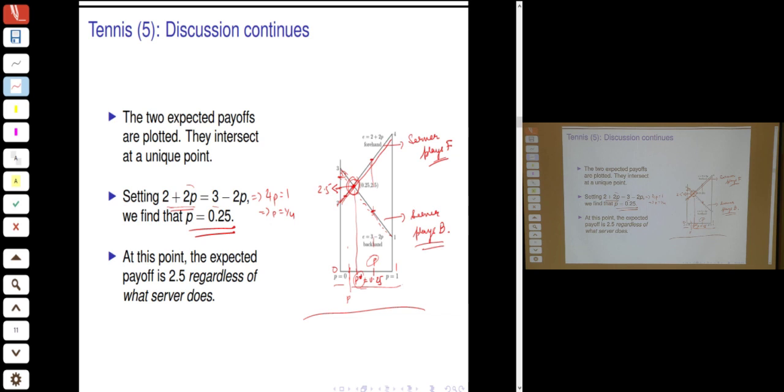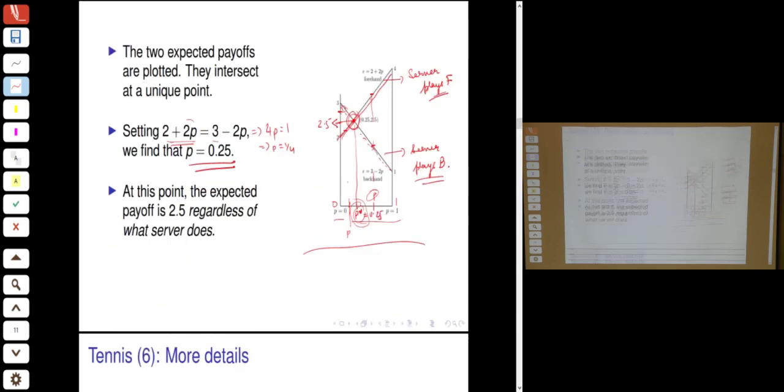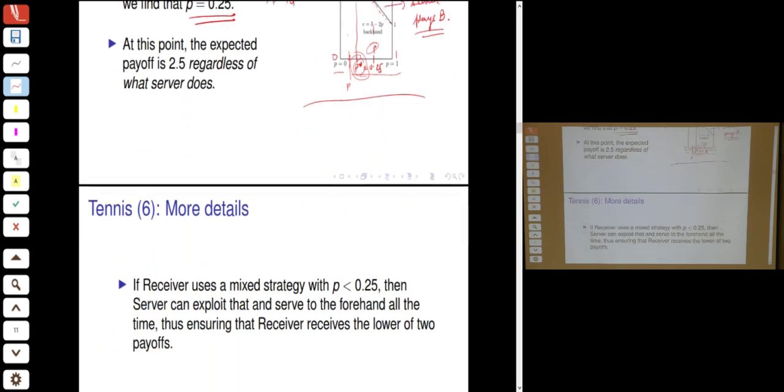However, only when you choose P star equal to 0.25, the opponent cannot do anything to push your payoff down below 2.5. So, this payoff you are always guaranteed. Okay? Any questions?